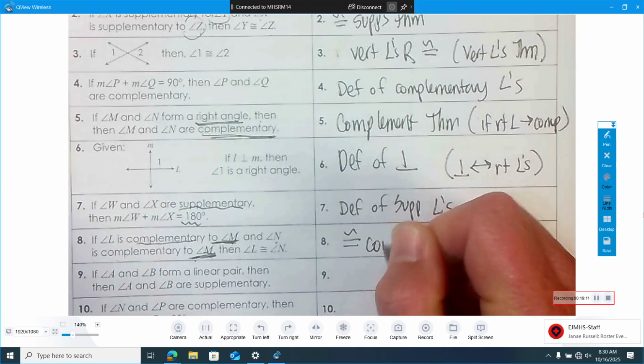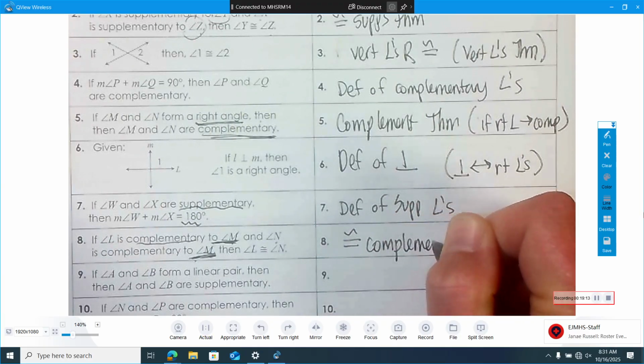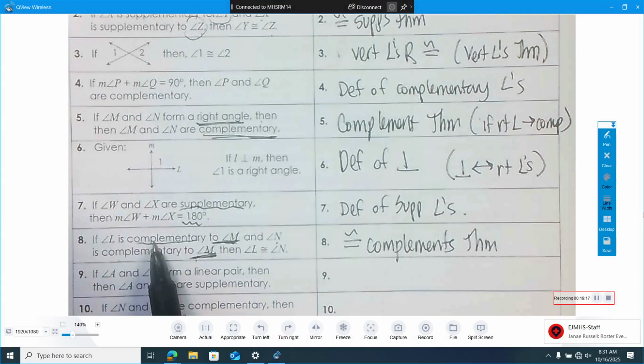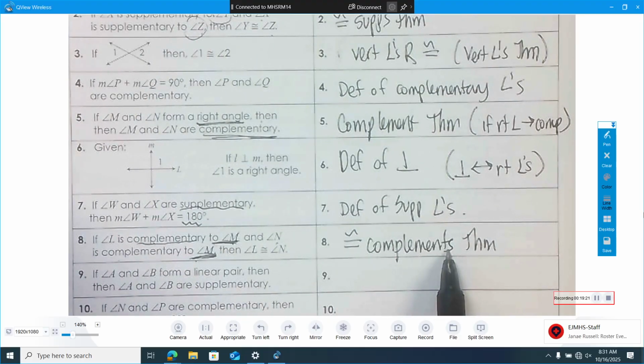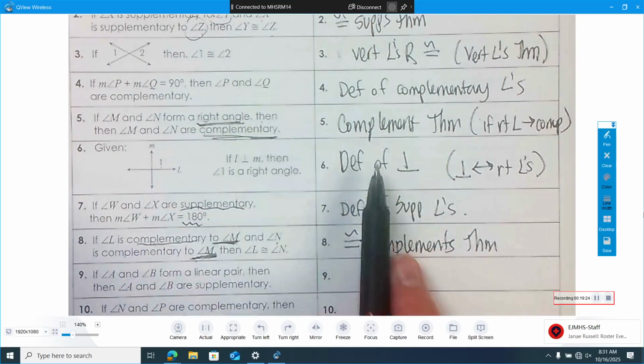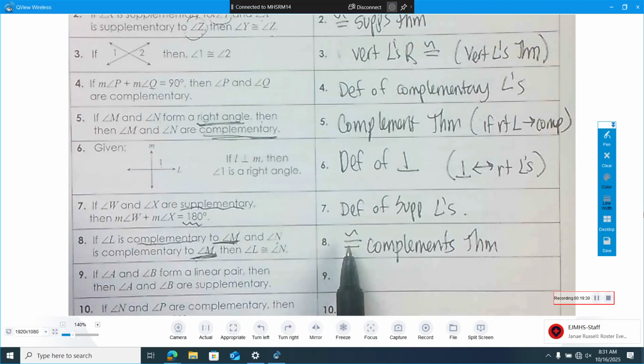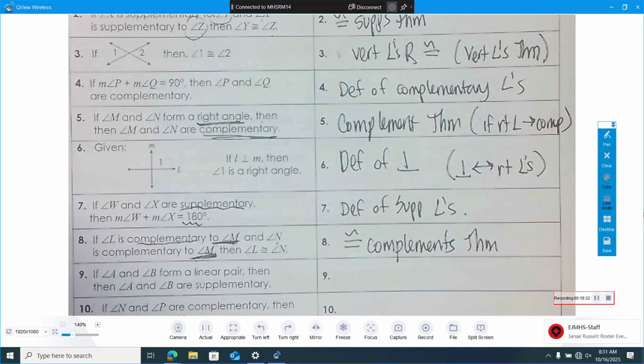It's kind of nice, when you read carefully, we're using those big vocabulary words in our reasons. We talked about perpendicular, so definition of perpendicular. Here we have complementary and we have congruent, so that's the congruent complements theorem. So again, we're looking for those sorts of patterns.